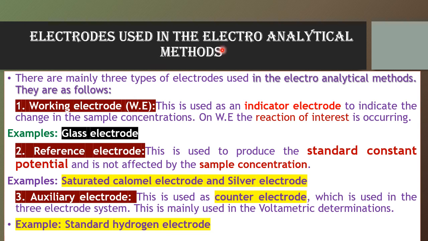Electrodes used in the electroanalytical methods. There are mainly three types of electrodes that are used in the electroanalytical method. One is the working electrode, second is the reference electrode, third is the auxiliary electrode.